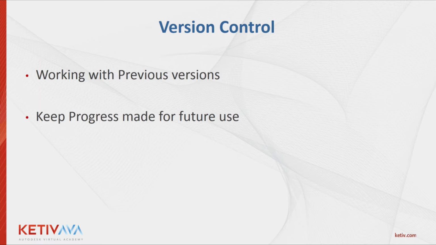You can save that BAK file in case anything disastrous happens to your file. You can always use that as a backup. In this case, all your BAK files are being stored in Vault, and you can roll back to those. And the example that we're going to do today, you can keep the progress that you've made to bring it back later. I'll go more into that right now, actually.